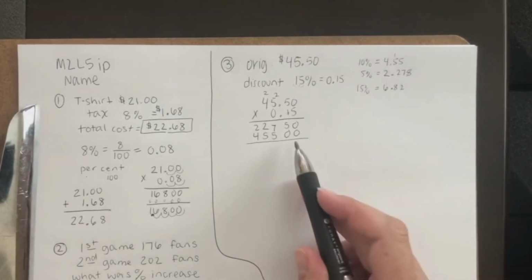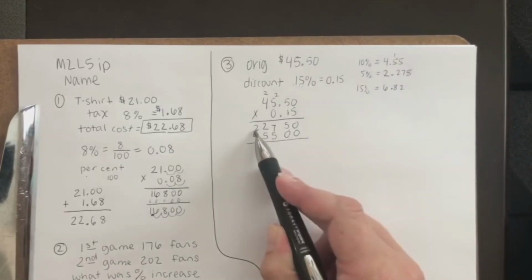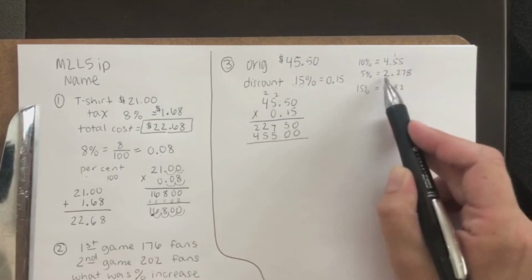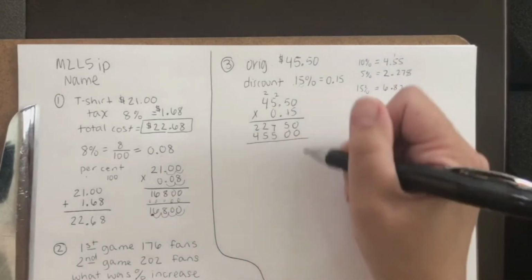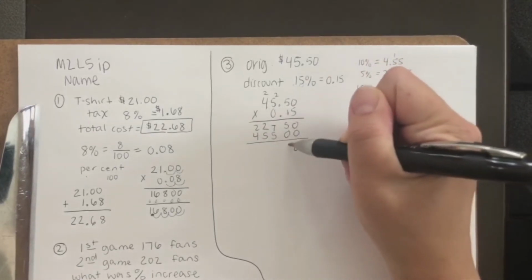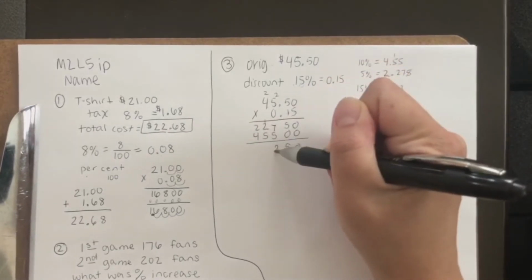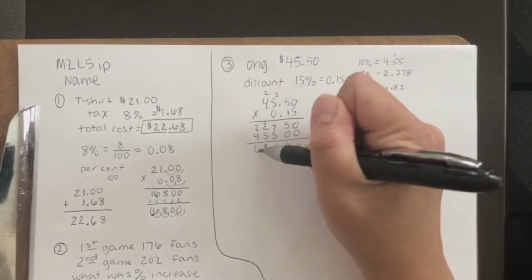Do you see what's happening here? Look, 455 and 2275. Kinda neat. All right, so let's add these up. 0, 5, 12, 5, 6, 7, 8, and 4, 5, 6.